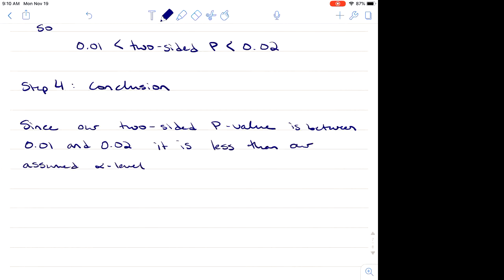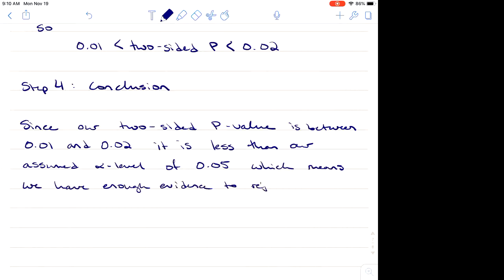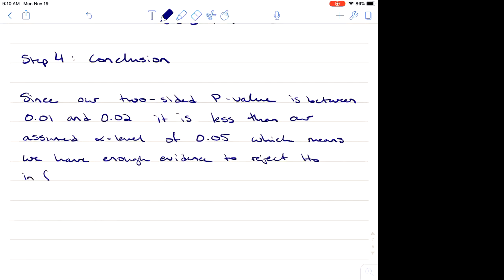So we're saying, hey, I'm going to assume that it's 0.05, alpha level of 0.05, which means we have enough evidence to reject H0 in favor of HA. If we're going to reject something, we should probably say for what, right? In favor of HA.